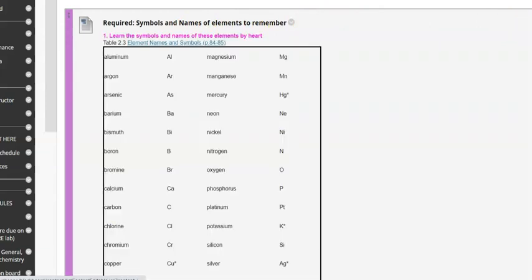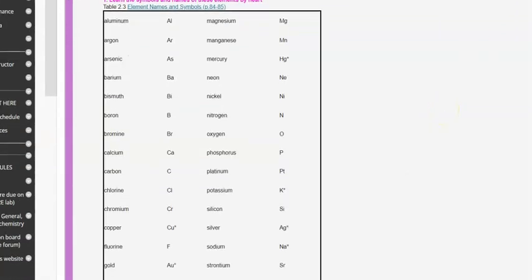So open it and you can see here symbols, names of elements, and how you will read the names, symbols, I mean. So carbon, C, it is carbon, and the name of this element is carbon.